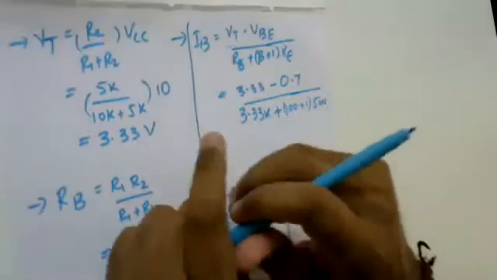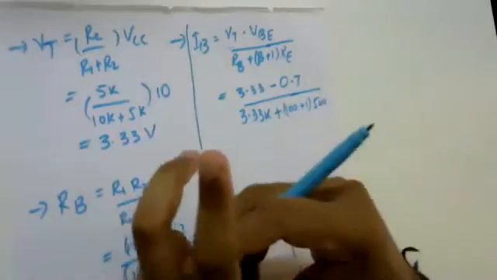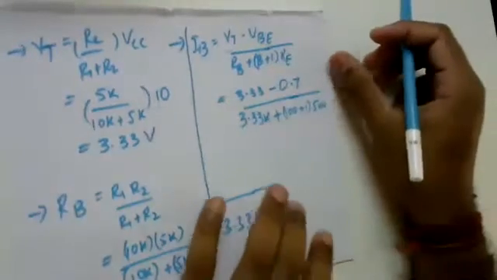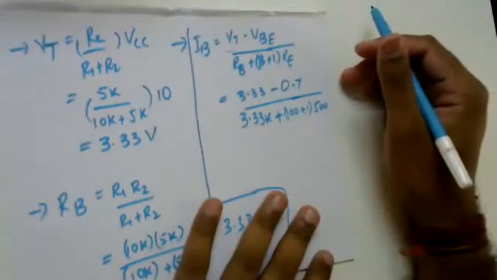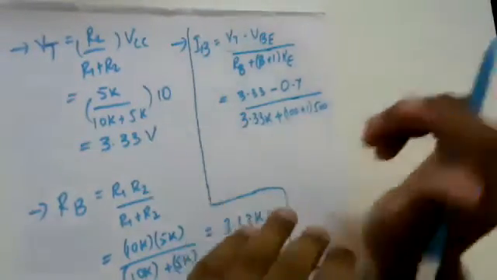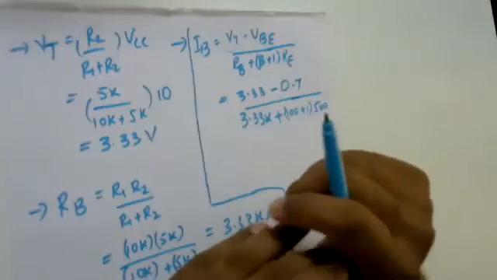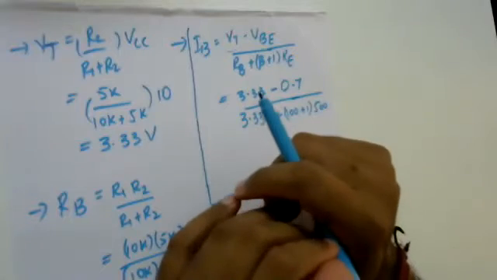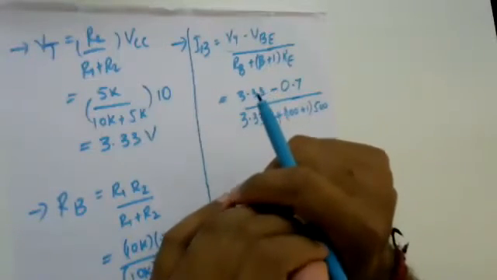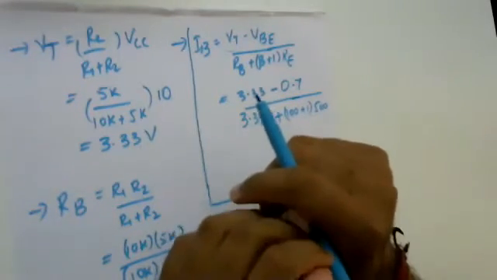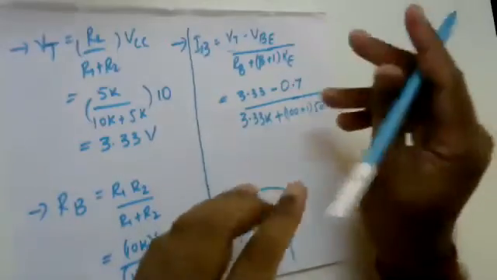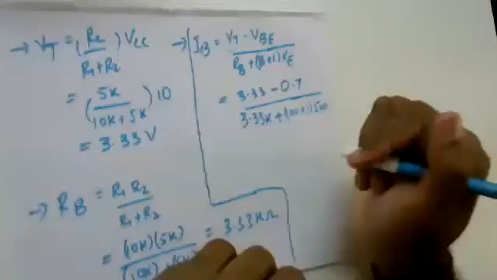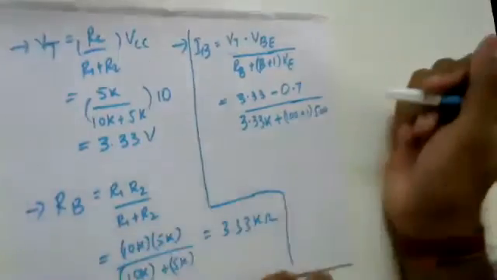What you will do? Please answer me in the group chat. I am asking you the value of beta, not R1 parallel to R2. What's the value of beta?